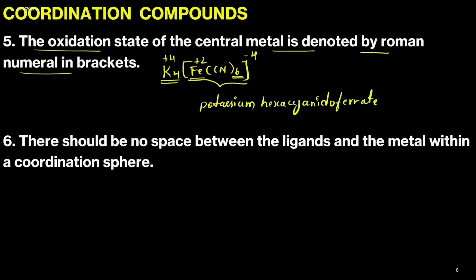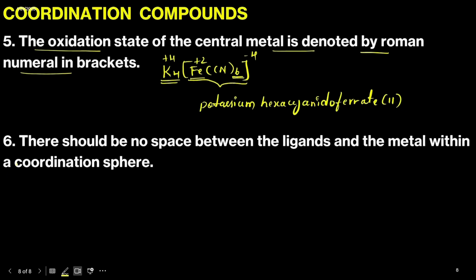And the fifth rule says that the oxidation state of the central metal is denoted by a Roman numeral in brackets. What is the oxidation state of iron here? +2. So you have to write it as Roman numeral II enclosed in brackets. Here this is potassium hexacyanidoferrate(II).